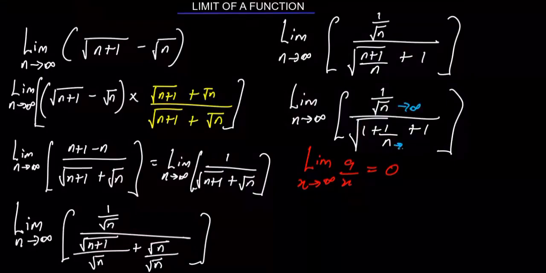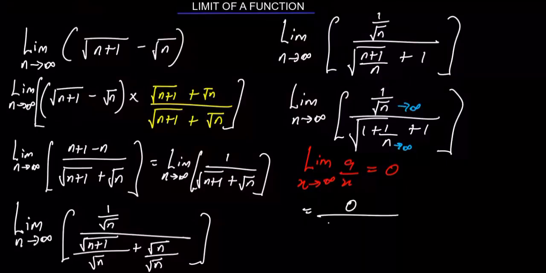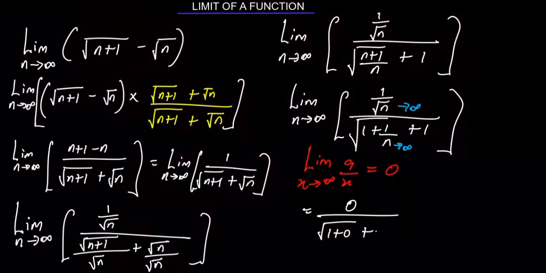What you have here is tending to infinity. What you have here is tending to infinity. So it will just be equal to 0. So everything here will be equal to 0. So you'll be having 0 all over square root of 1 plus 0 plus 1. And that will give us square root of 1 plus 1, and that's 2, and my answer is equal to 0. So the final answer to this question is 0.